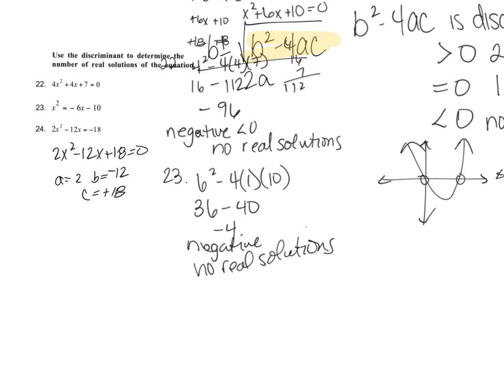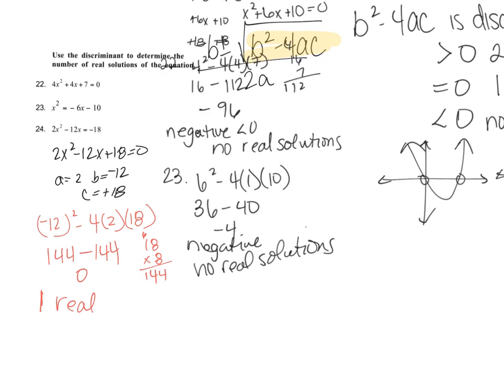So let's see, b squared, negative 12 squared, minus 4 times 2 times positive 18, 4ac. That's 144 minus 18 times 8, that's 144. 144 minus 144 is 0, which means one real solution.